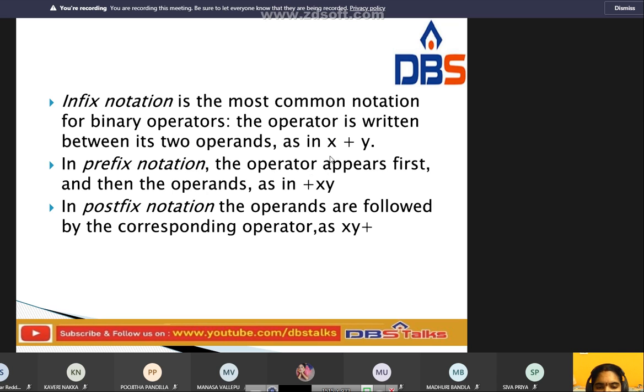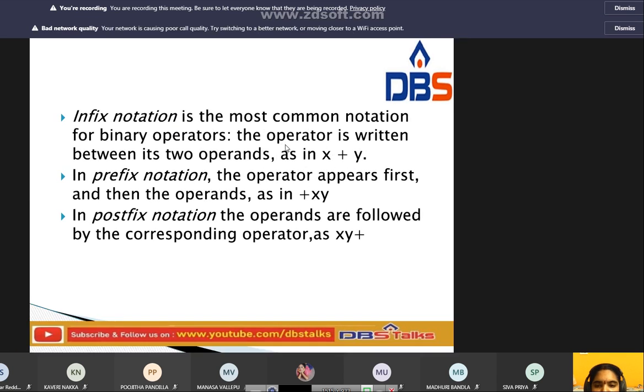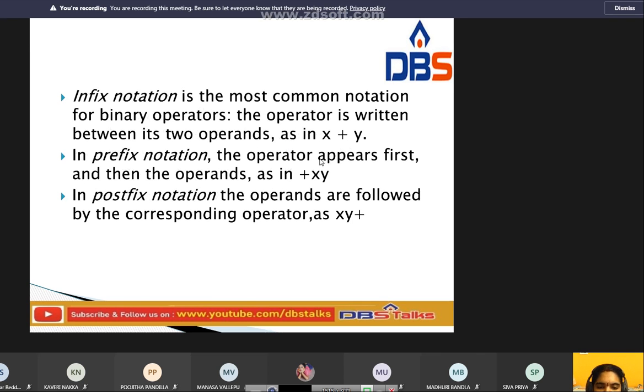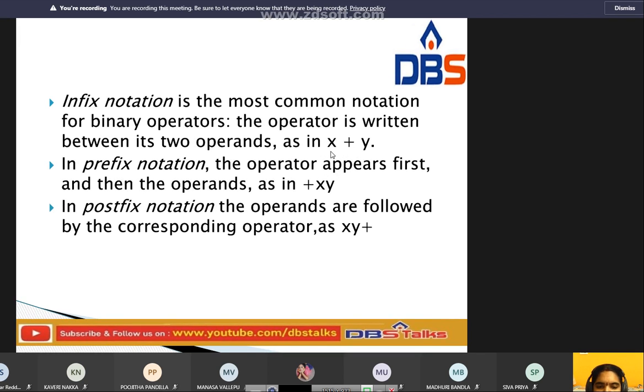It is used for binary operators. Here x is one operand and y is the other operand, and the operator is written between them. This is the example for x plus y.